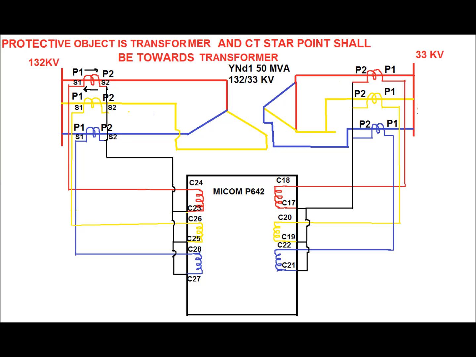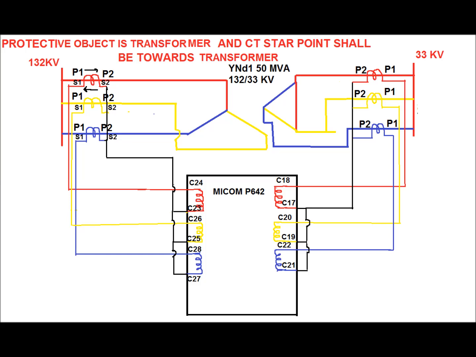Similarly, on the secondary side, all the S1 are taken to the relay terminal. For HV side CTs, the red phase S1 is taken to the C24 terminal, the yellow phase S1 to the C26 terminal of MiCOM P642, and the blue phase S1 to the C28 terminal.